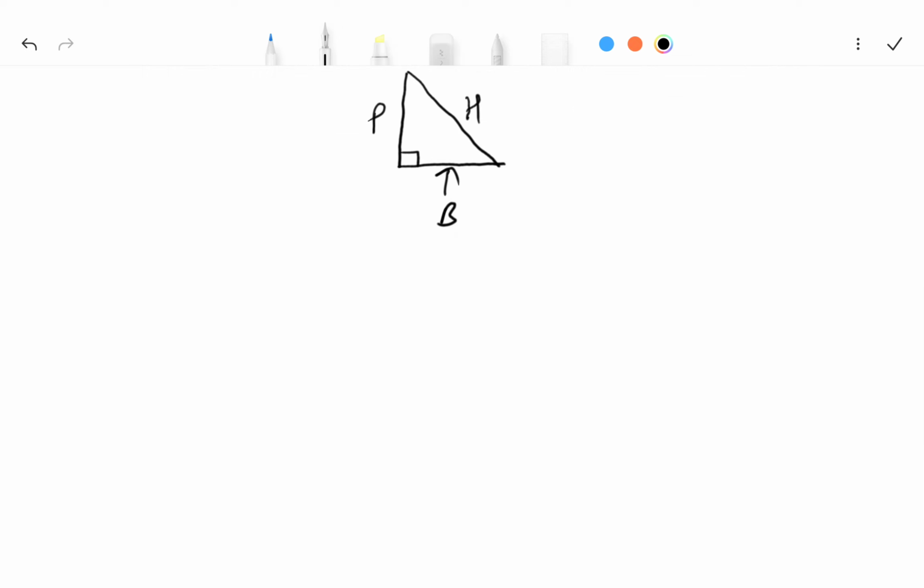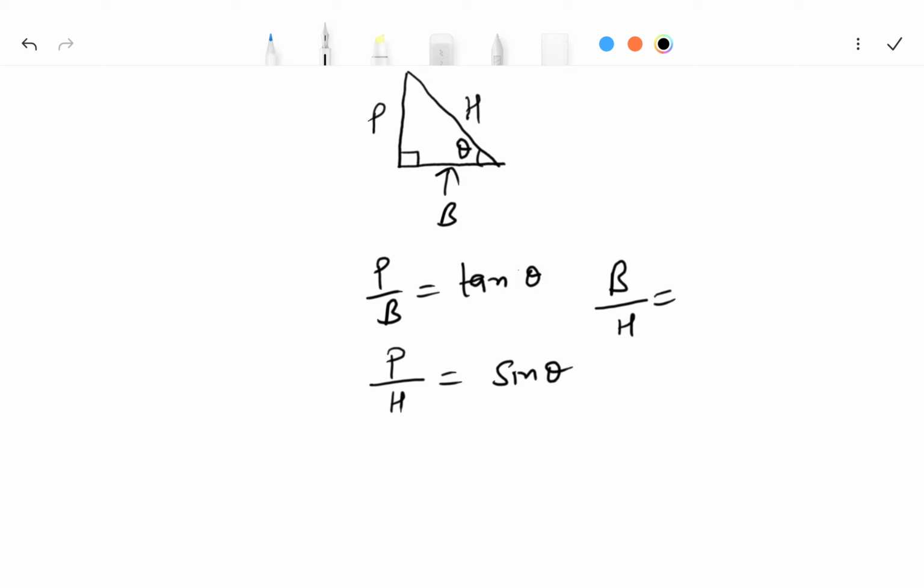The ratio of the perpendicular and base is known as the tan, and this is the angle theta, this is the tan theta. The ratio of the perpendicular and the hypotenuse is known as the sin theta, and the ratio of the base and the hypotenuse is known as the cos theta.